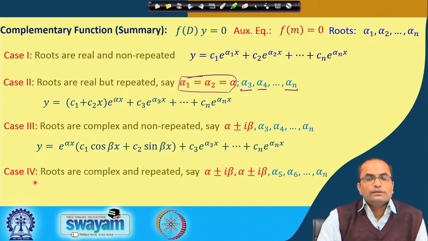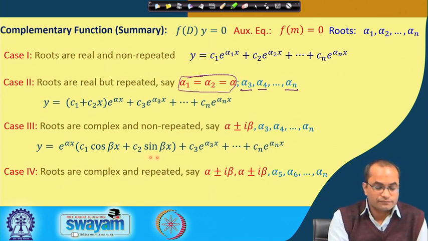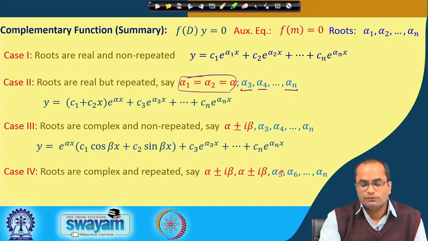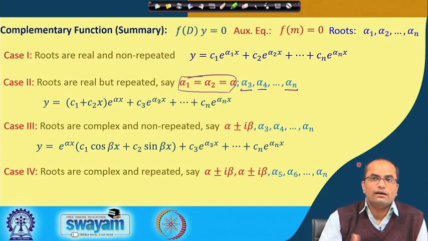Case 4: when the roots are complex and they are repeated. Let us say the roots are alpha plus minus i beta, and again repeated as alpha plus minus i beta. So, these are the 4 roots, and then the 5th root alpha 5, alpha 6, and so on up to alpha n are real non repeated roots.